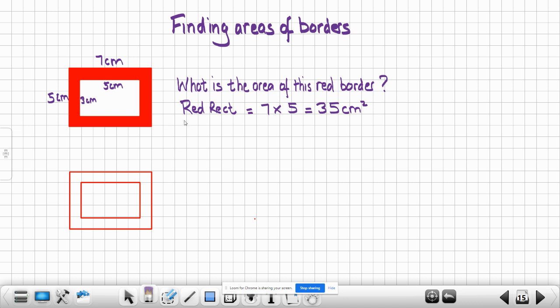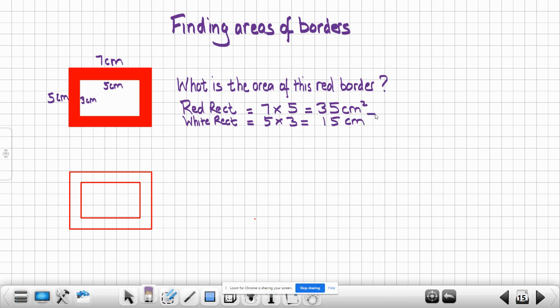So let's see. So the white rectangle, even if it looks like a space, we could still think of it as a white rectangle, is 5 times 3, it's 15. And you could think of it as that rectangle has been cut out of this big rectangle.